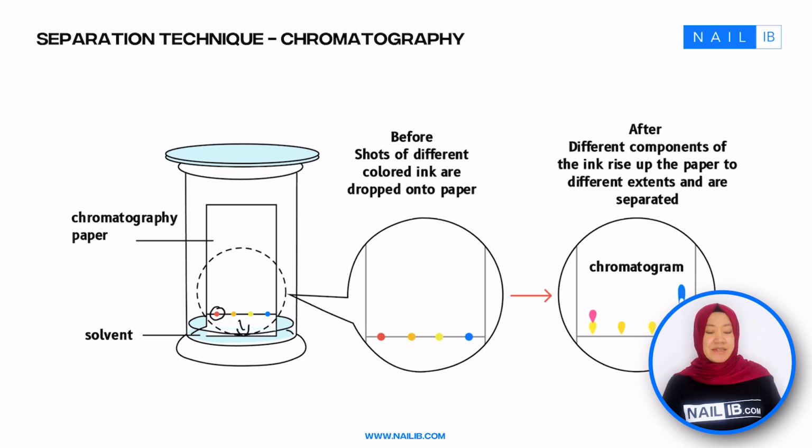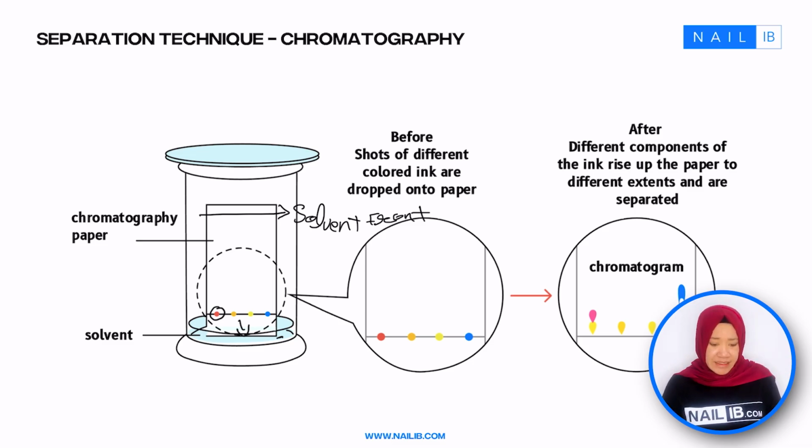The piece of paper is acting as a stationary phase, allowing the solvent to travel up to this area that we call the solvent front. This solvent is acting as the mobile phase. The components in the mixture will travel up based on their solubility in the solvent, so the rates depend on the solubility in the solvent.